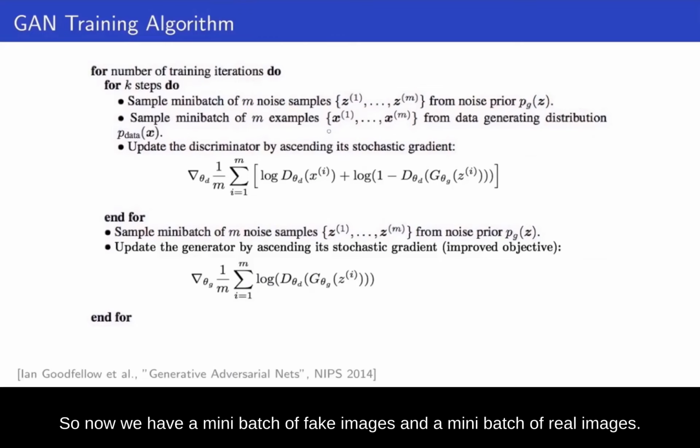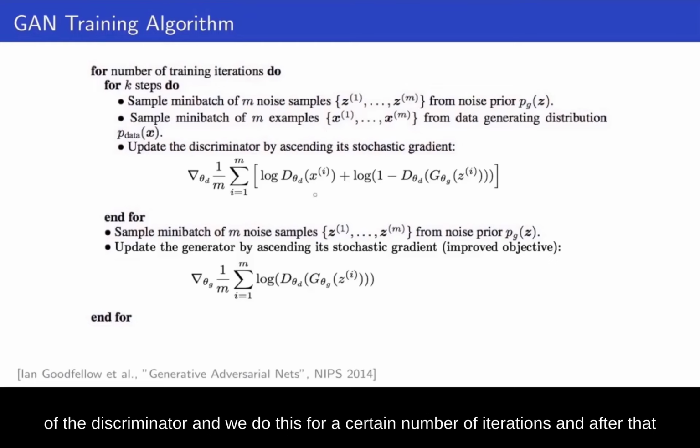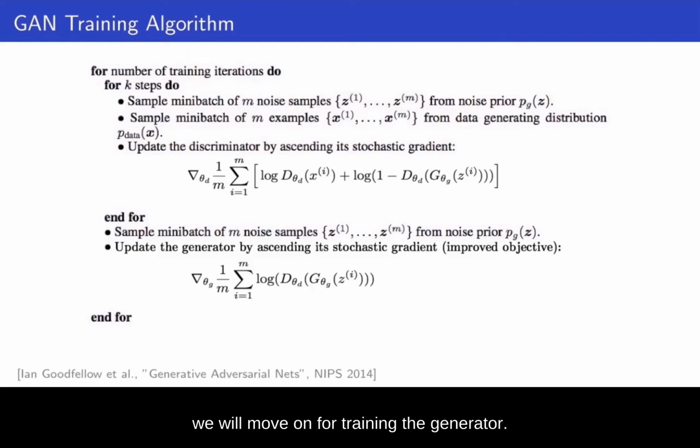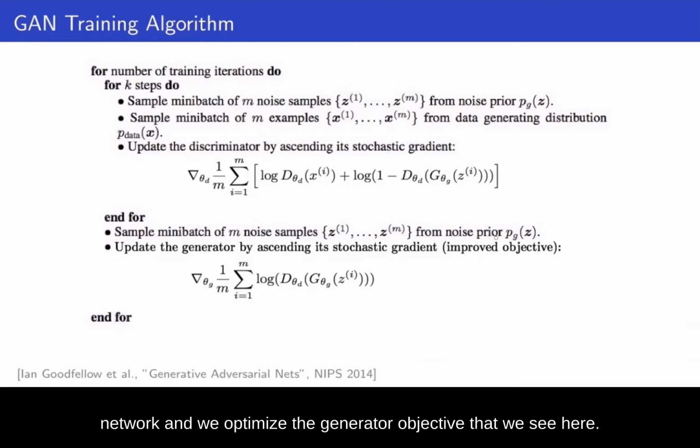So now we have a mini batch of fake images and a mini batch of real images. Then we will take a gradient step on the discriminator and update the parameters of the discriminator, and we do this for a certain number of iterations, and after that we will move on to training the generator. Here we will sample a mini batch of noise samples, pass it through the generator network, and optimize the generator objective that we see here.